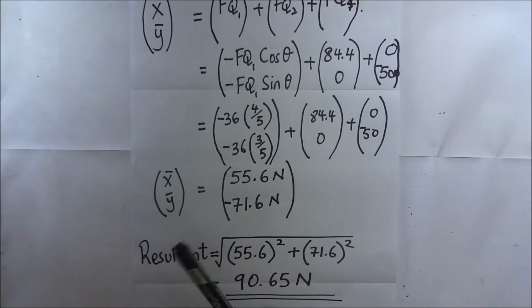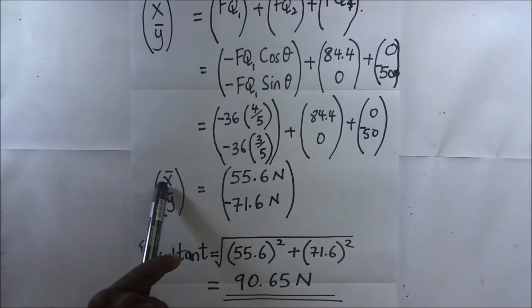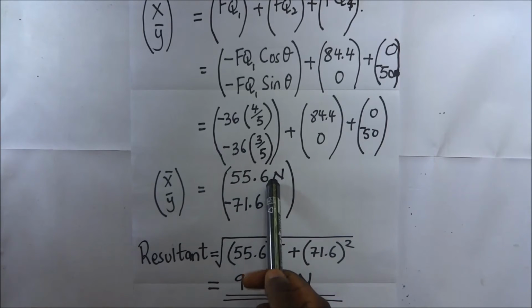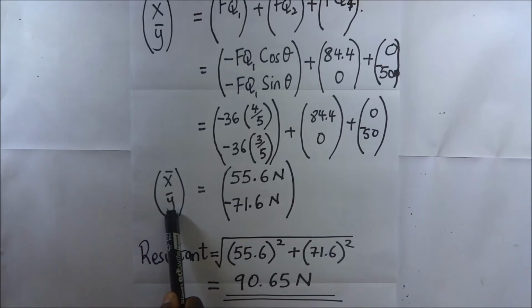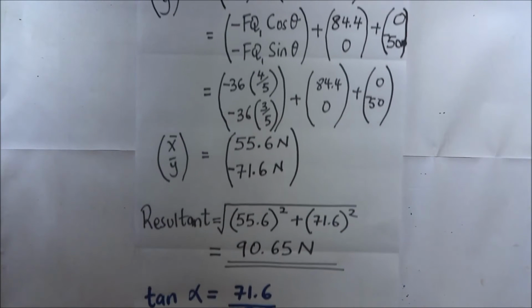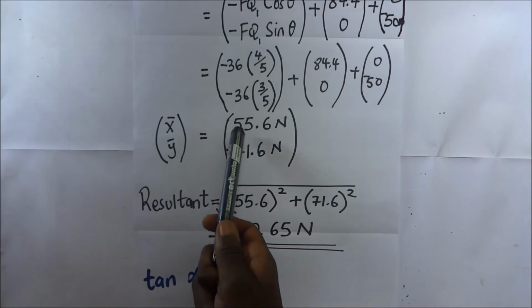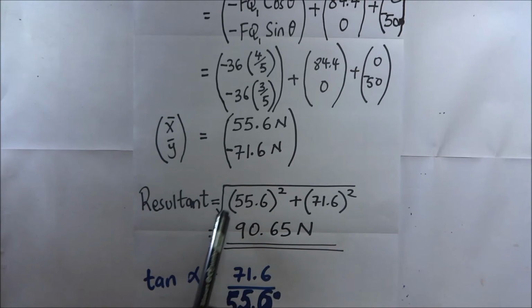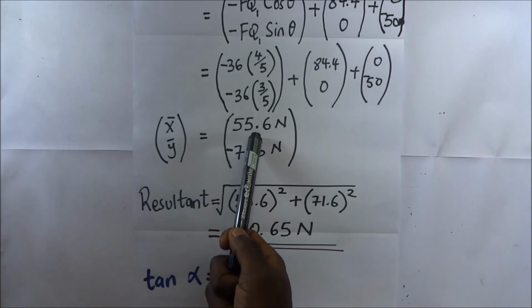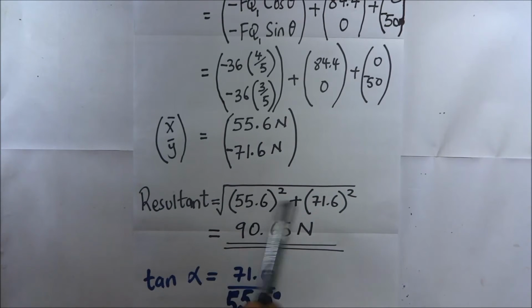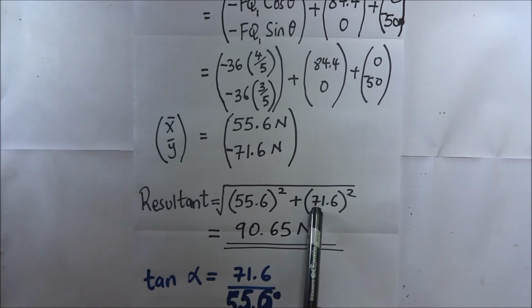So we'll end up with the total resolution of forces in the x direction is 55.6 newtons, and the total in the y direction is 71.6 newtons. So to find the resultant is to simply substitute in the x bar squared plus the y bar squared. Our resultant force is 90.65 newtons.